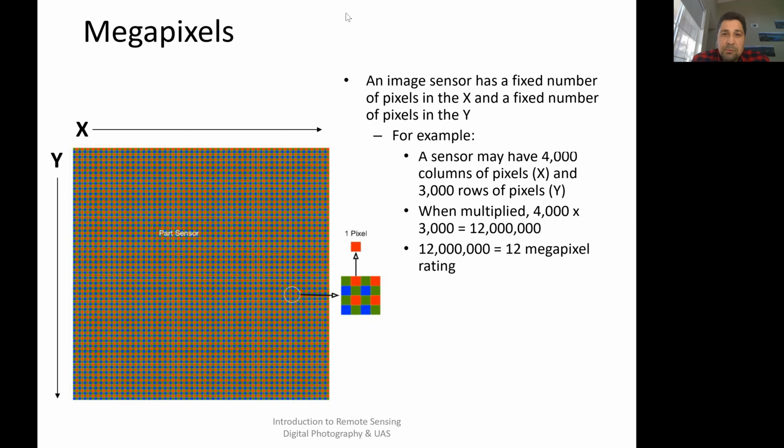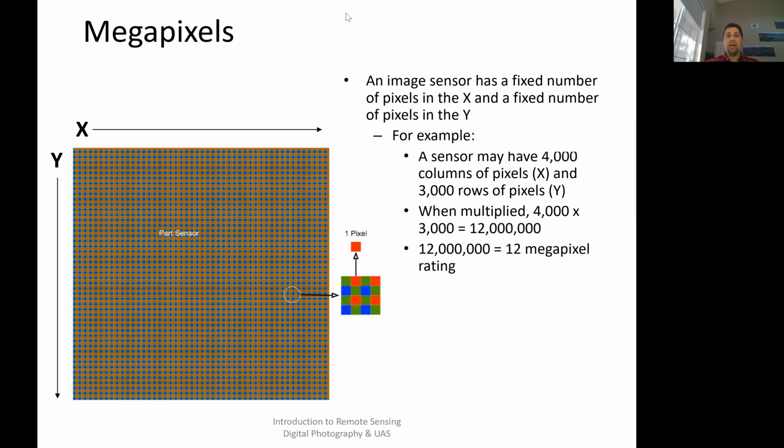In the early 2000s, when digital photography was coming along, a 1 megapixel rating, meaning 1 million pixels, was phenomenal. On a phone, I don't even know what the latest iPhone's got, but at least 12, like in this example, and sometimes upwards of 20, 24, even more.